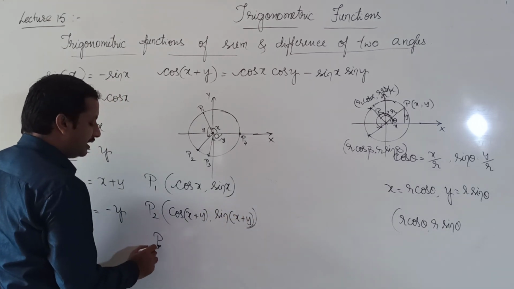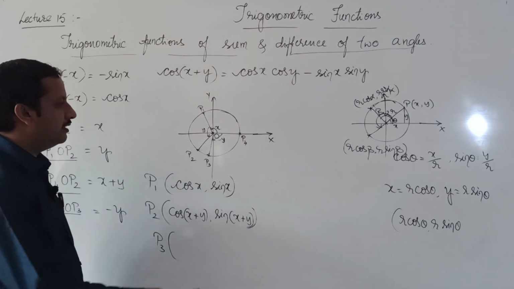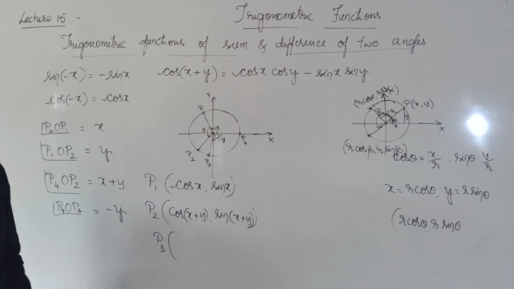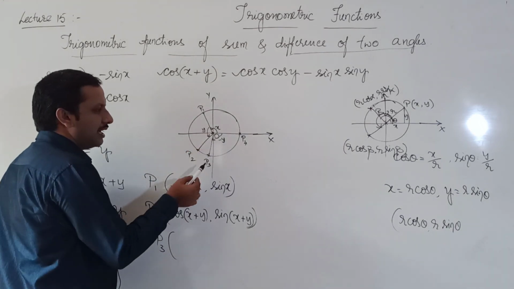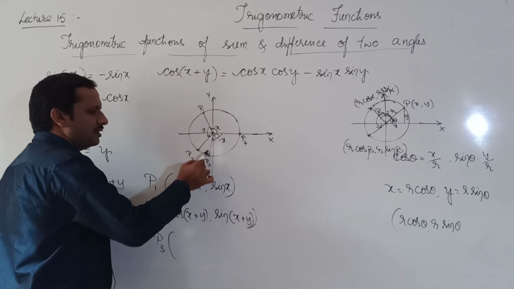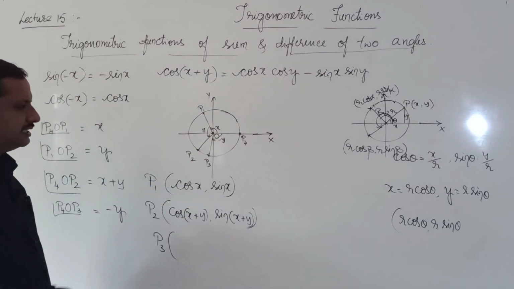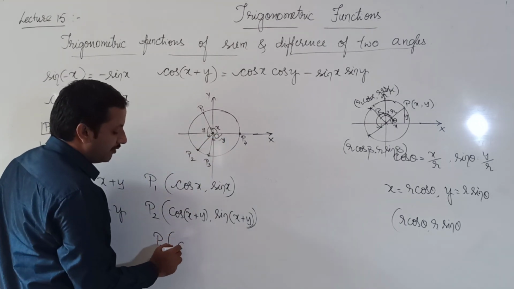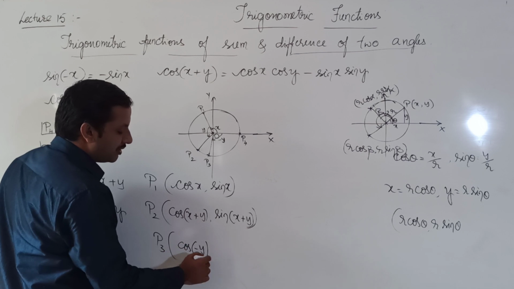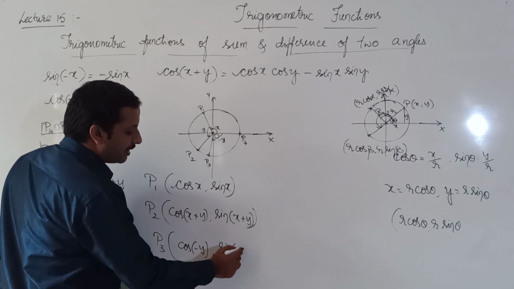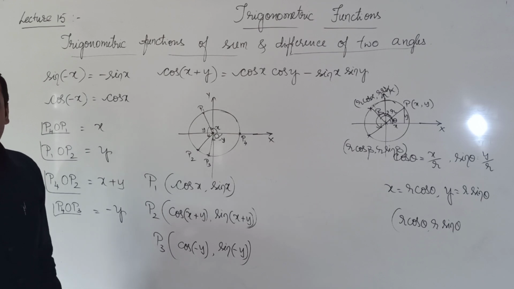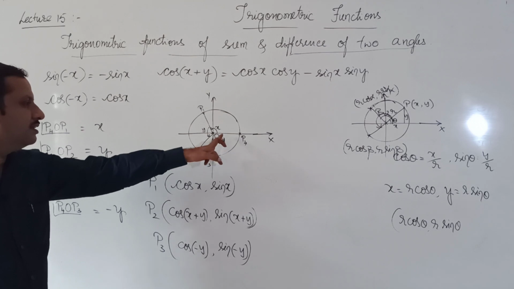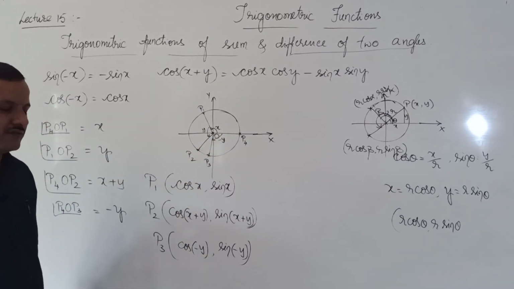Then P3, this angle we know is minus y. The angle made by positive x axis along with this line is minus y. Therefore it will be cos of minus y comma sin of minus y. This angle is minus y since it is measured in this direction.